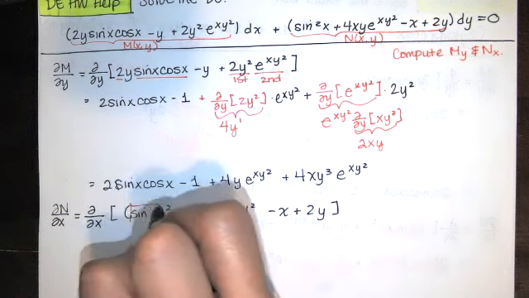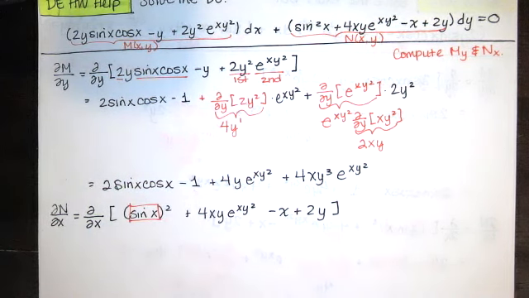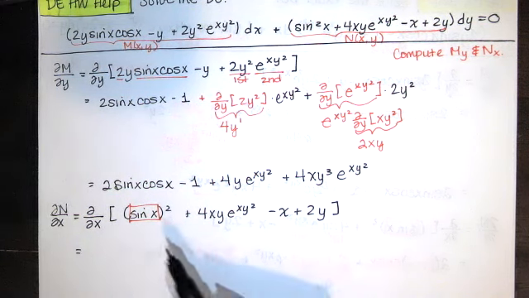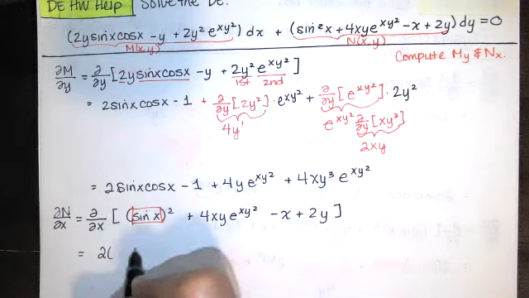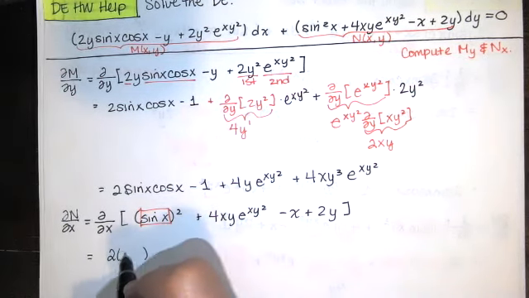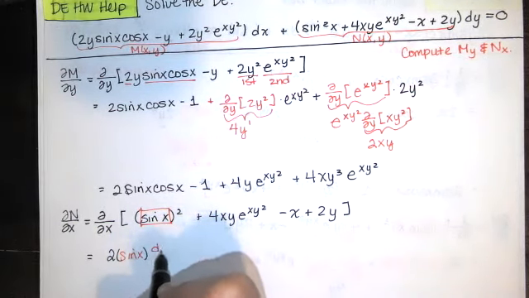Because we've got this sine of x function inside a squaring function. So whenever we use the chain rule, we take the derivative of the outside function first. Derivative of a function squared is 2 times that function times the derivative of the inside.